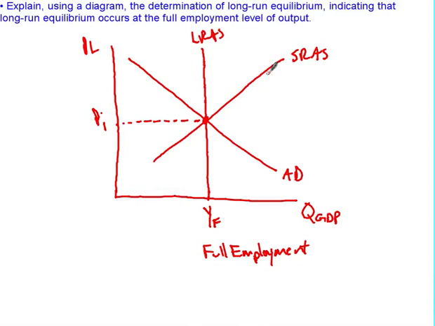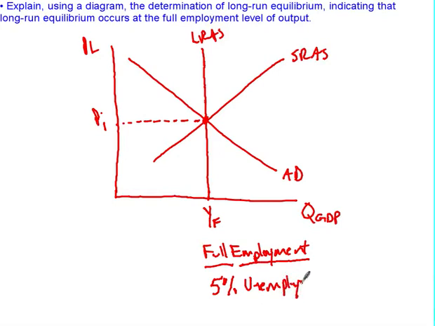So if the short run and aggregate demand are intersecting along this long-run aggregate supply curve, we would say that the economy is achieving full employment. And so what does full employment mean? Well, we'll get into a little bit greater detail later, but in the U.S., that means that there's somewhere around, give or take, 5% unemployment.